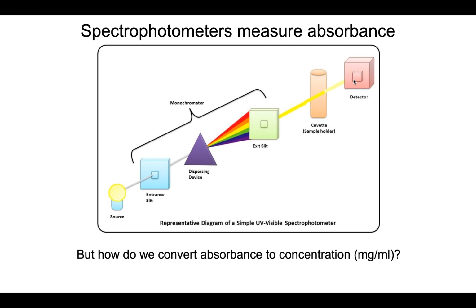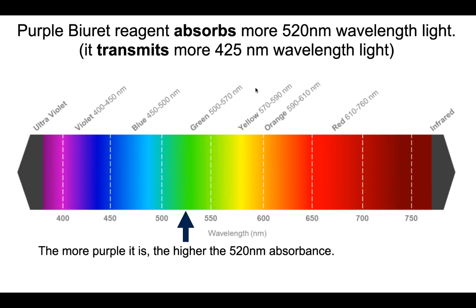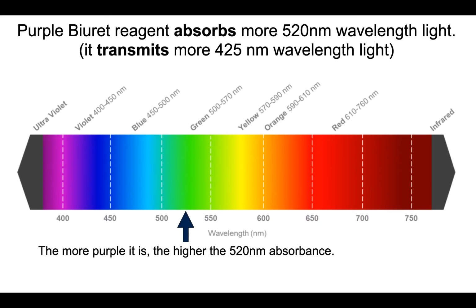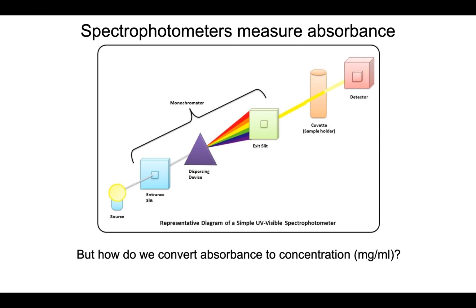So you can set your spectrophotometer to 520 nanometers and read absorbance. You put in your cuvette with your protein sample mixed with Biuret solution, which has turned purple, and you measure just how much of this 520 nanometer light it is absorbing. And you'll get a reading.